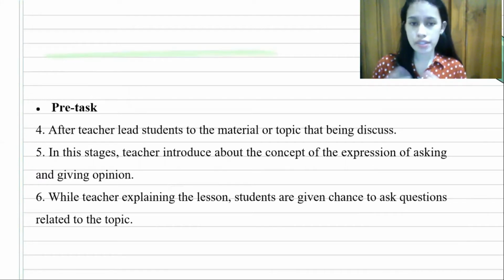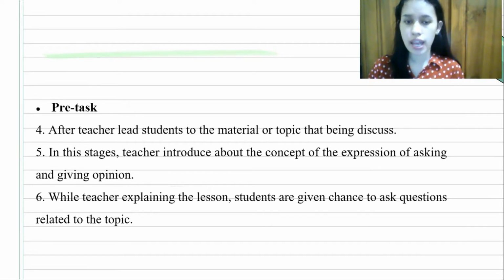And then, still in the pre-task, after the teacher leads students to the topic being discussed, in this stage the teacher tries to introduce the concept of the expressions of asking and giving opinion, which is the topic that I chose in this learning activity.